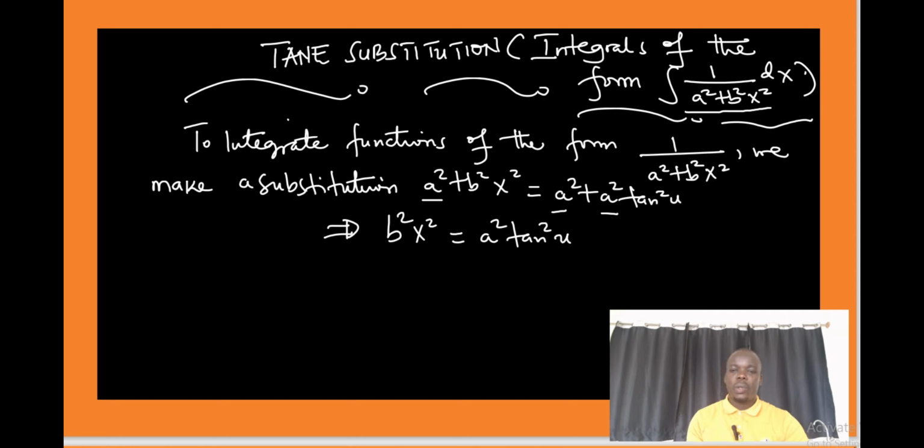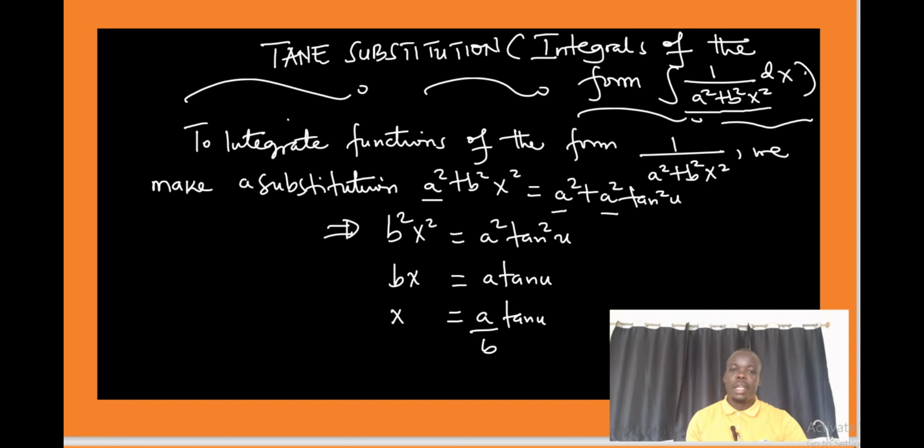When you take a square root on both sides, you remain with bx equals a tan of u. From here, you can decide to either differentiate directly or make x the subject. If I make x the subject, I'll have a over b tan of u.